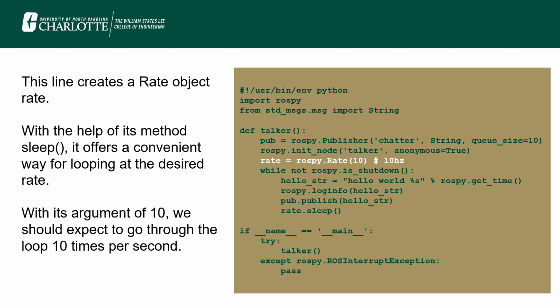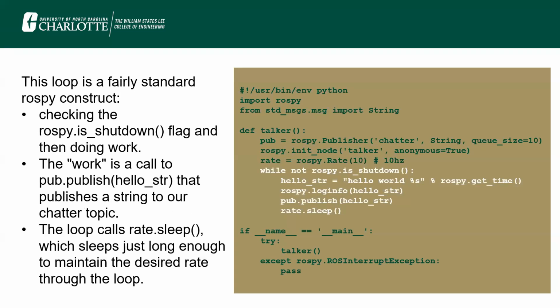Then after this, we've got a rate. ROS also wants to publish messages at a specified rate, and so here we can generate that. And here we're saying that we're going to publish at a rate of 10 hertz. And then we're going to go into this loop where the actual behavior exists.